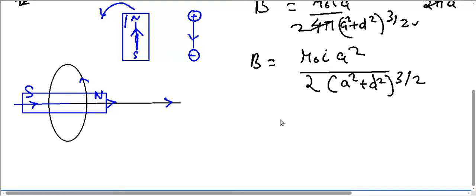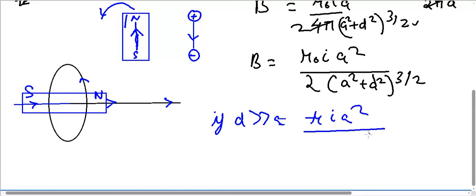Addition of A squared will make no difference. So this will be equal to mu naught I A squared by 2 D squared to the power 3 by 2, which will be D cubed, just neglecting the value of A here.